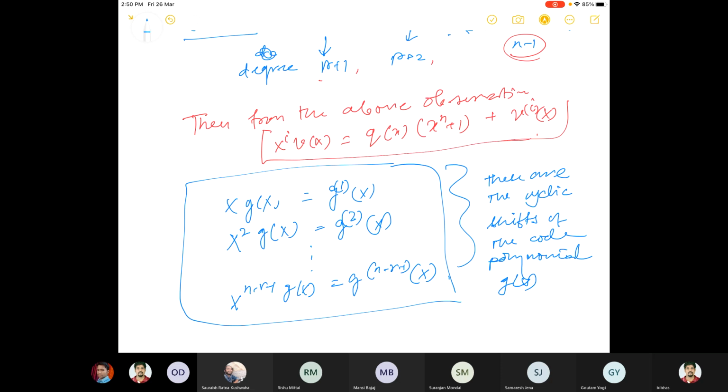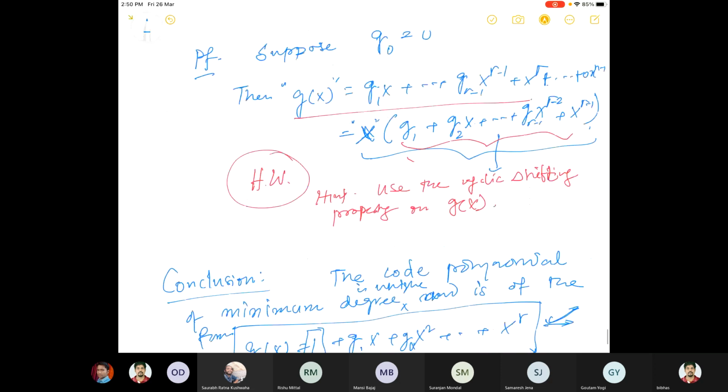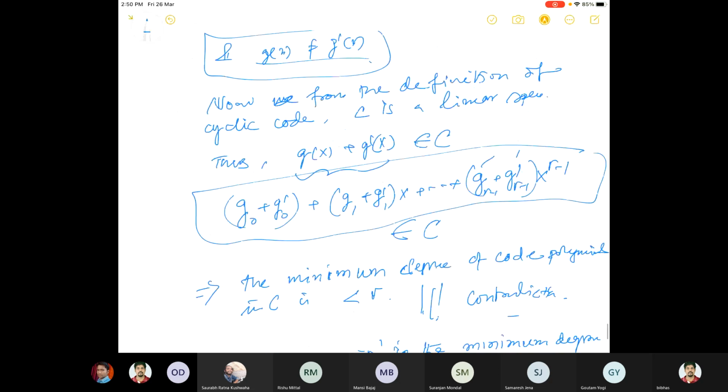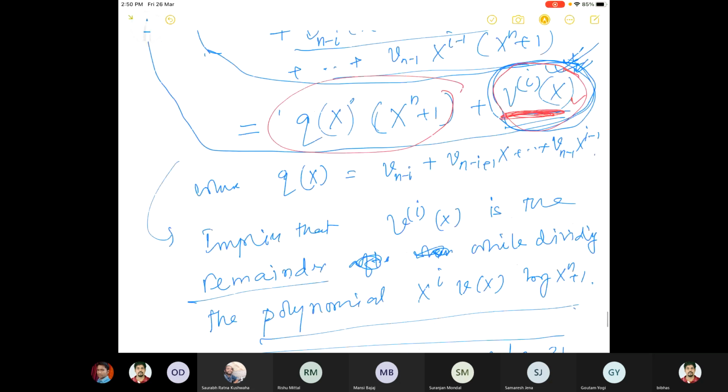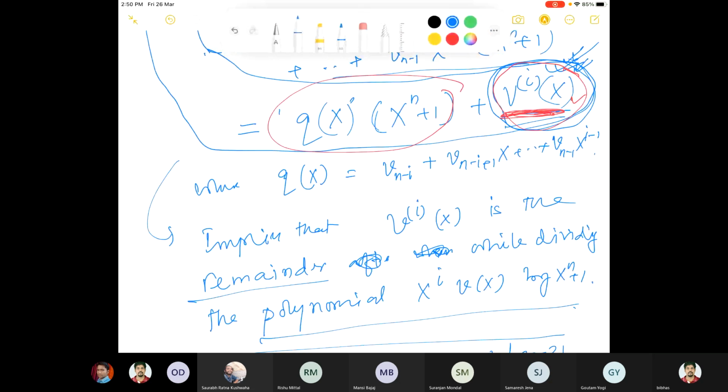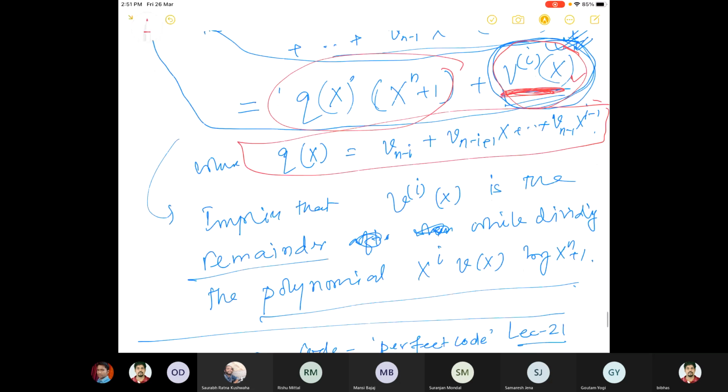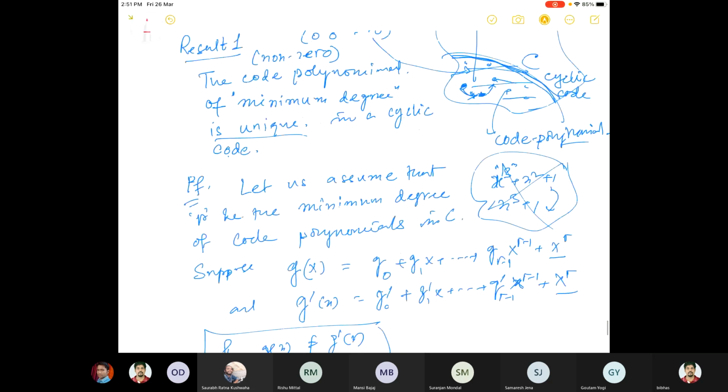Can anyone tell me? Okay, I'll give you a hint again. What was q(x)? Everything, if I explain, then it will take a lot of time, so that's why I'm skipping some of the parts. I'm just giving a hint. So the hint is, look at q(x). This is of degree x to the power r minus 1, and you cannot have a code polynomial of degree r minus 1.